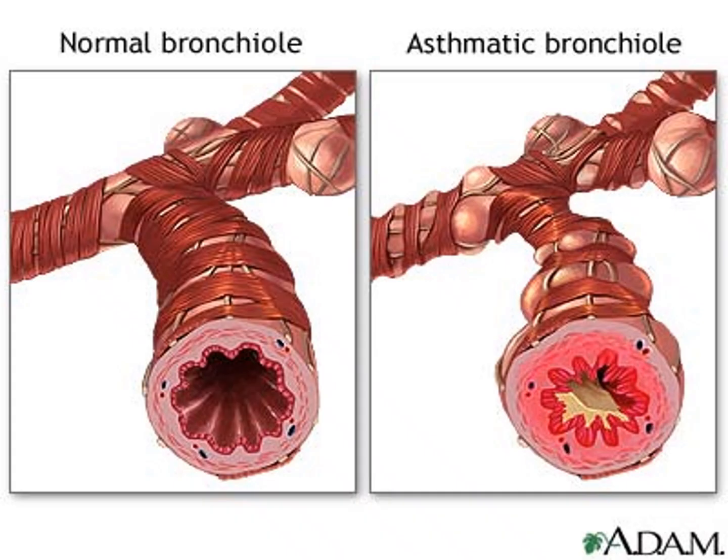But if you take a look on the right-hand side, you can see clearly the inflammation that's taking place. That's not only decreasing the luminal size, but there's also mucus that's being produced in the center of that lumen. So it is also impacting the overall amount of air that can lead into the alveoli.